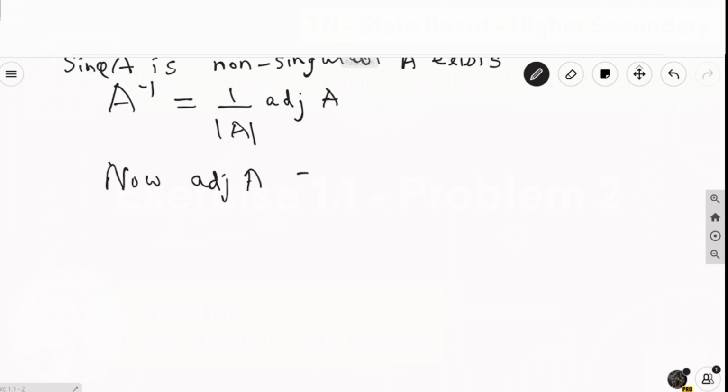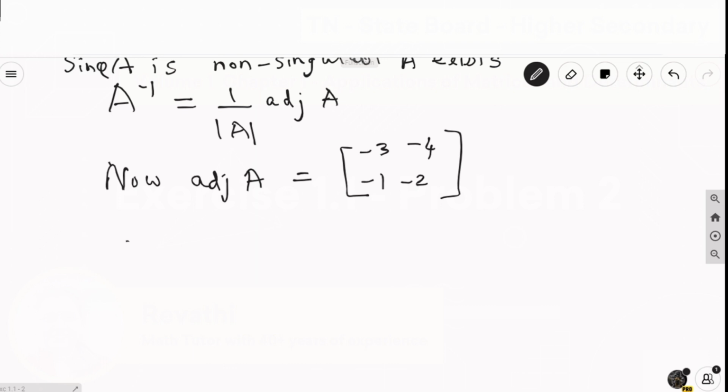For a 2 into 2 matrix, just interchange the leading diagonal and the sign of the other diagonal should be changed. This is adjoint A. Leading diagonal is the first row, first column element, that diagonal.